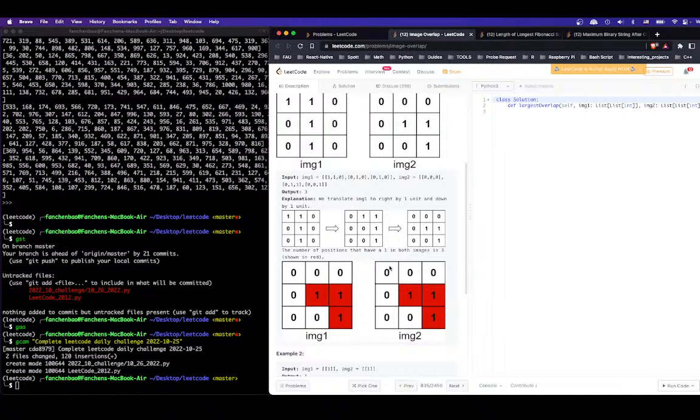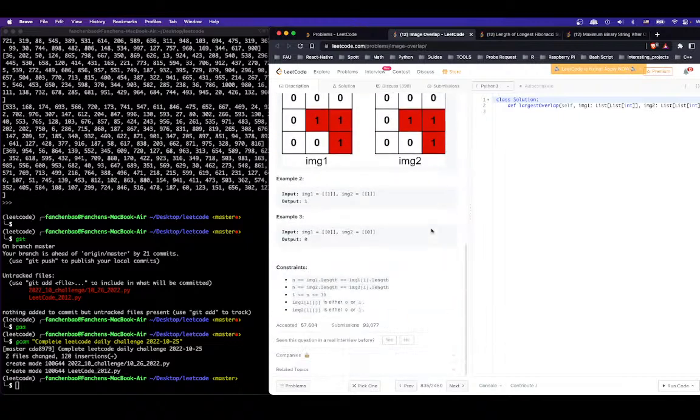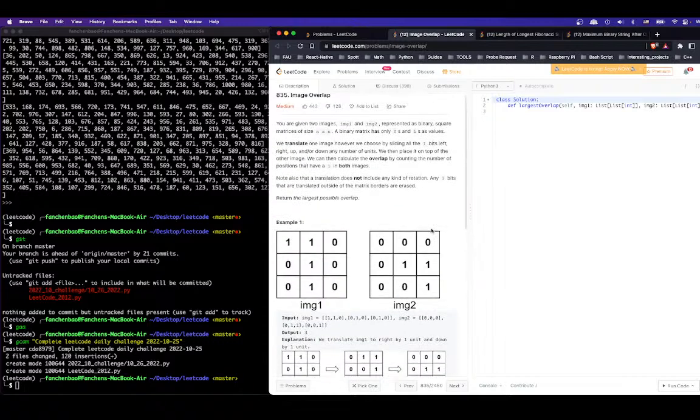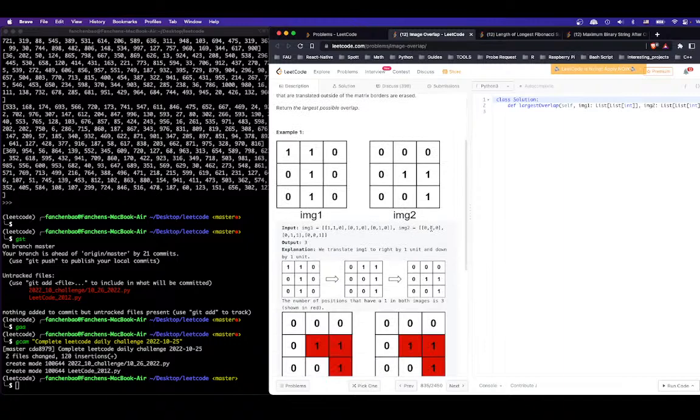Because it's only 30 by 30, we can try out every single possible position. But every one has to move. All the 1 bits will move.